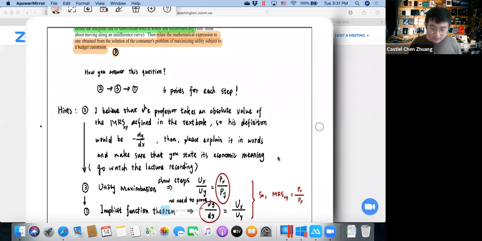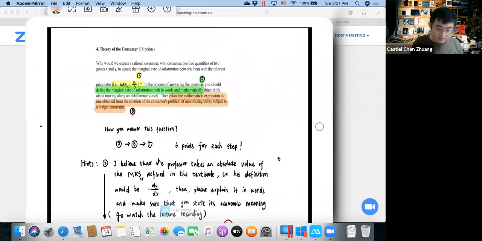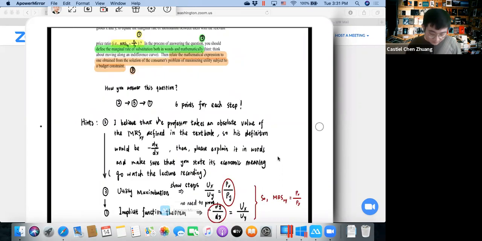And finally, you need to relate this mathematical expression to the previous one so that you can answer the question highlighted by the yellow background. So the last step is to use the implicit function theorem.